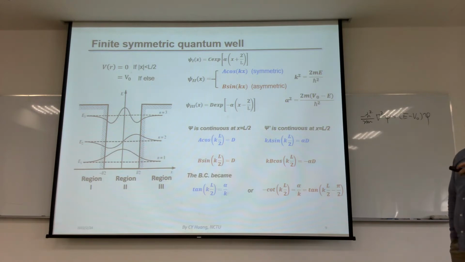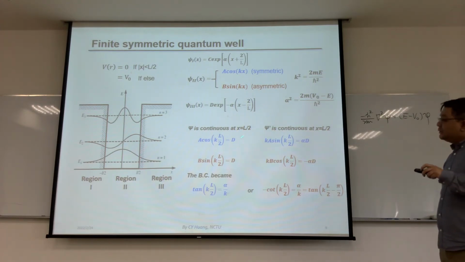So after we write it down like that, we need to fulfill the boundary conditions. The first is phi is continuous at L divided by 2. So we just put it back.